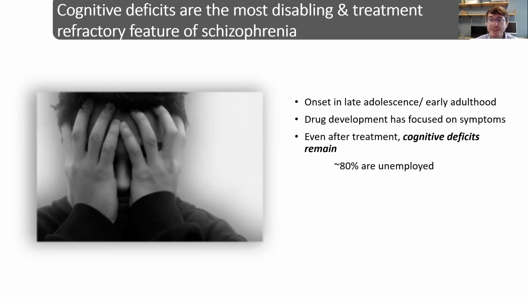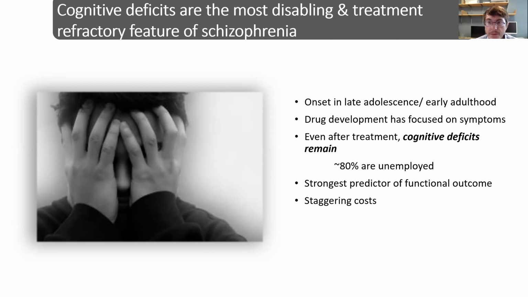But even after successful treatment of those symptoms, cognitive deficits still remain. What this leads to is that approximately 80% of individuals with schizophrenia are unemployed. That's quite problematic. These cognitive deficits are the strongest predictors of functional outcomes, like being able to hold a job and do activities of daily living.